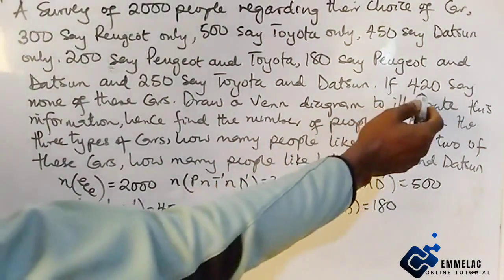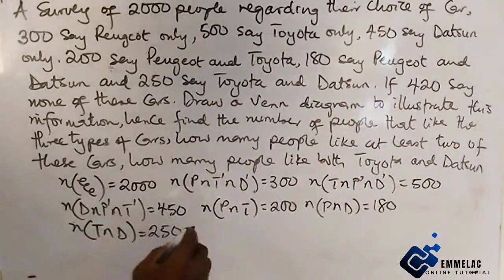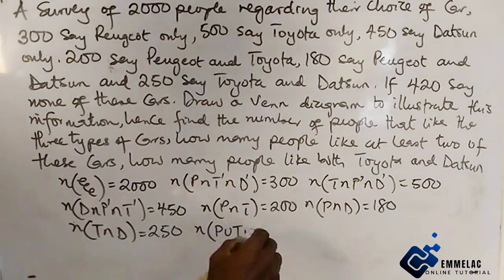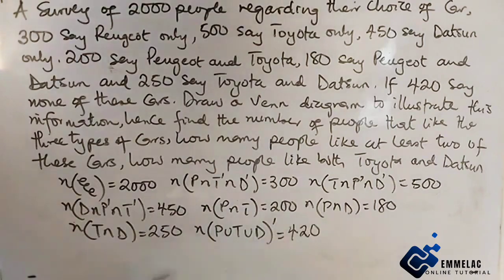Now, 420 say none of these, which means the complement of P union T union D, that is P union T union D all prime, gives us 420.